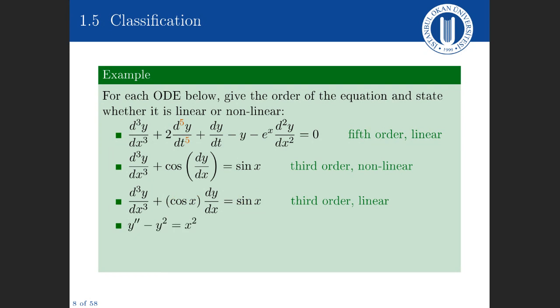Y double prime minus y squared is equal to x squared.